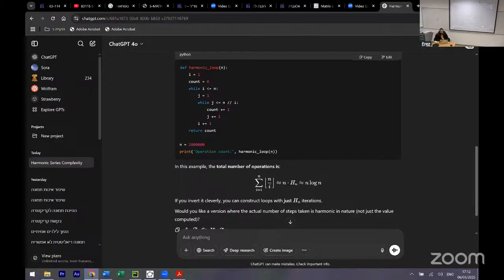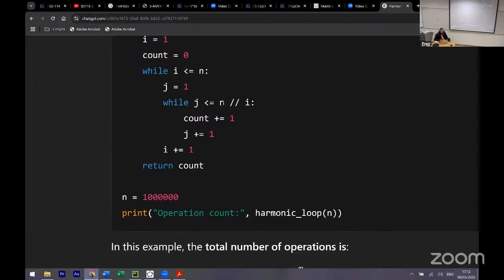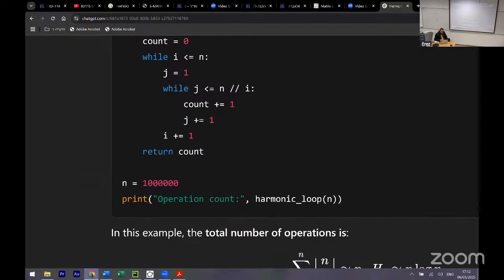While j is smaller than n over i. So I first run through the whole thing, and then I run through half of it, then a third of it, then a fourth of it. It didn't give me a very good reason as to why to do it. In any case, it comes up in computer science. I don't remember exactly when, but it's something like that.